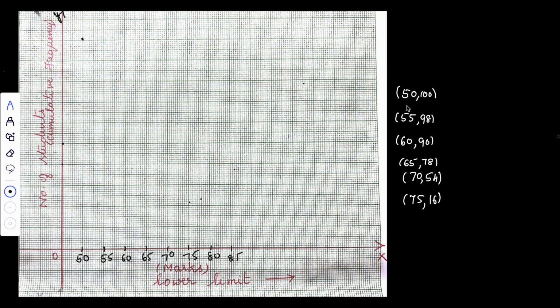On the y-axis, we can take 10, 20, 30, up to 100. We'll write the scale: on the x-axis, 1 centimeter is equal to 5 units, and on the y-axis, 1 centimeter is equal to 10 units.